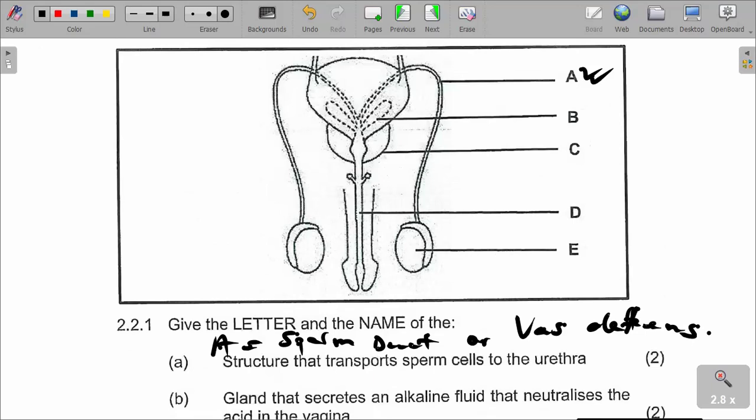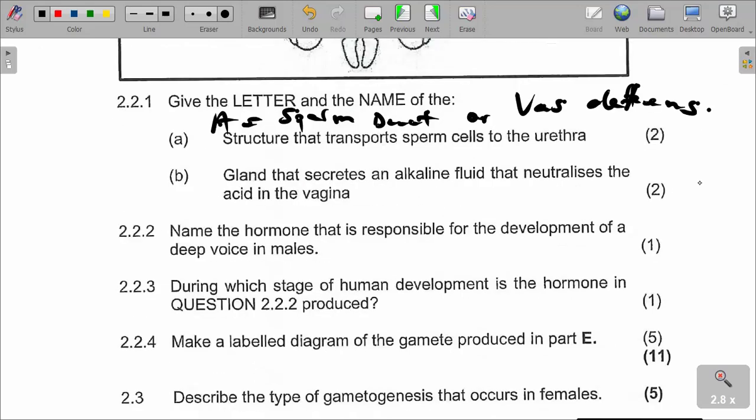It is represented by letter C, which is the prostate gland.